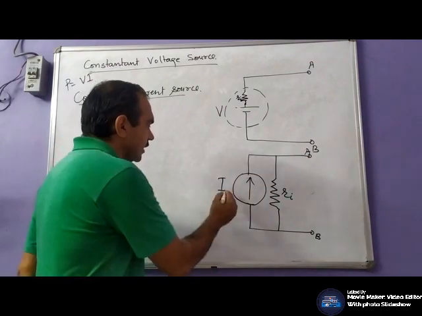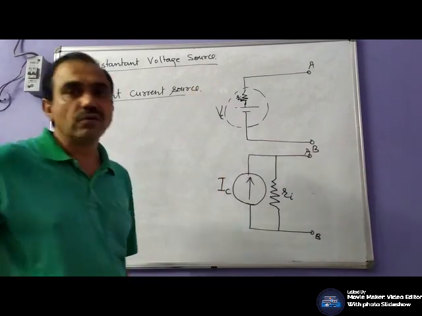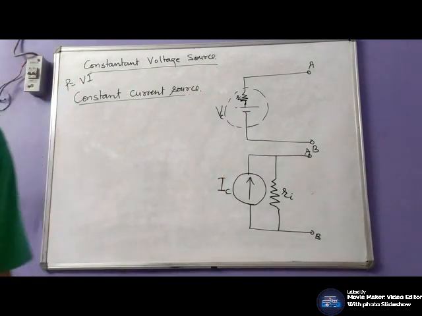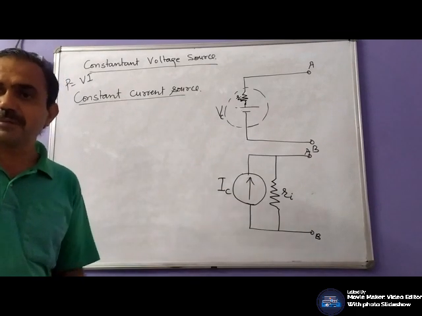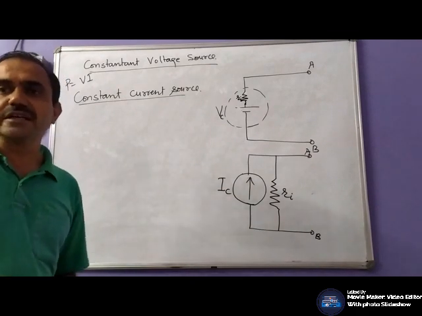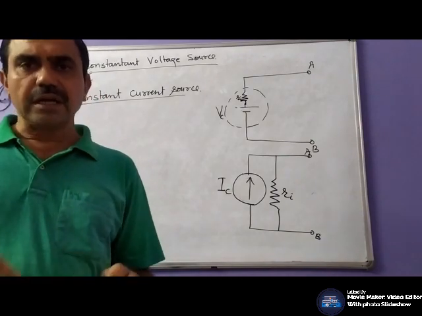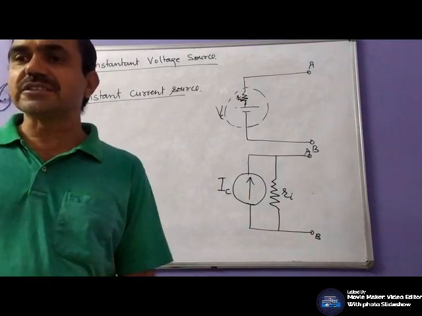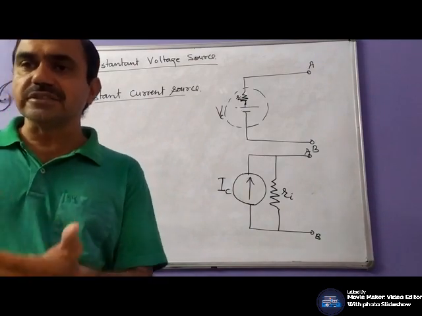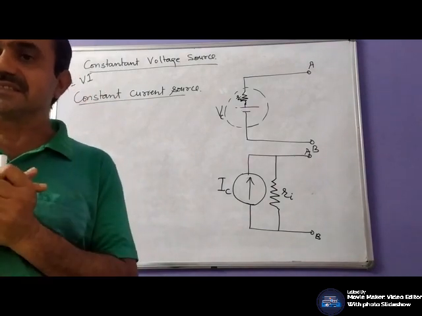So this will be the constant current source. This will be the constant voltage source. These are the practical sources. Wherever we discuss our networks, we will talk about a voltage source being replaced by its internal resistance, and a current source being replaced by its internal resistance.